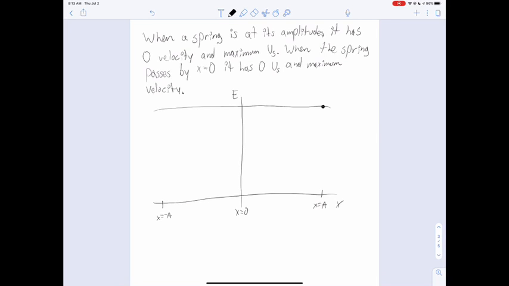Okay? And now, using the second sentence of that statement, it says that when the spring passes by x equal to 0, it has 0 elastic potential and maximum velocity. So, simple enough. When x is equal to 0, elastic potential is equal to 0. As you can see, I write down the equation once more.